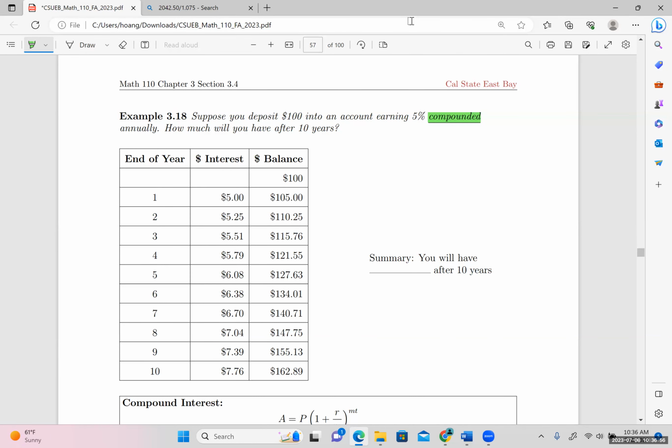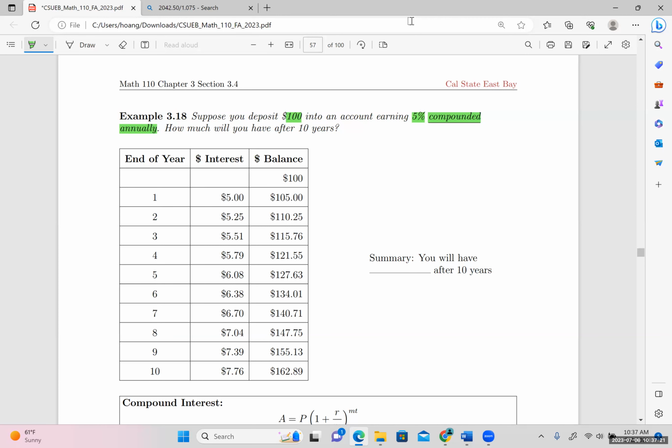So suppose you deposit $100 into an account with 5% compounded annually. Ten years later, how much will you have?